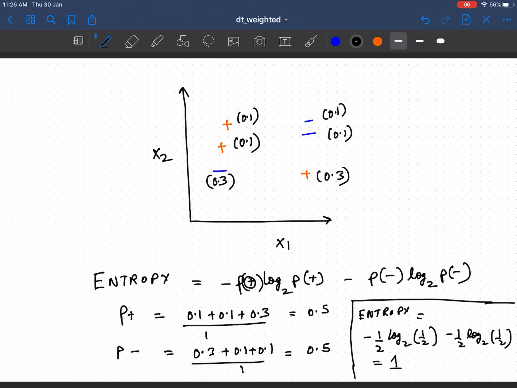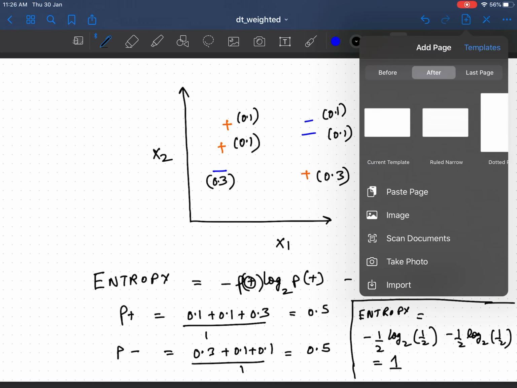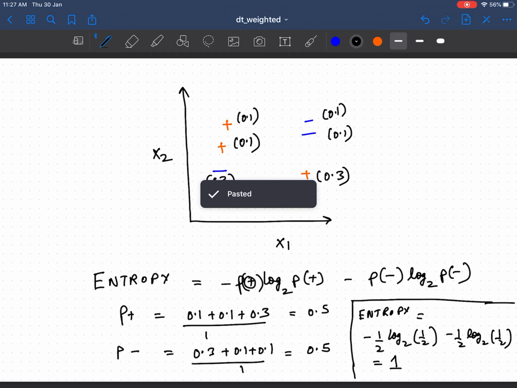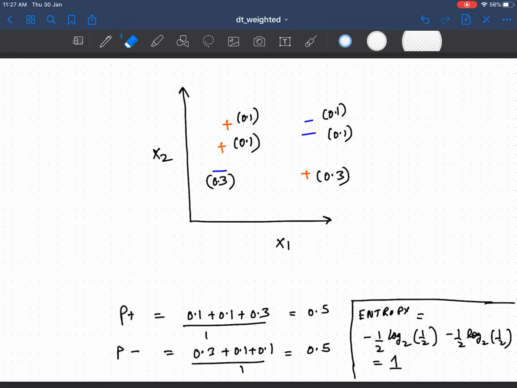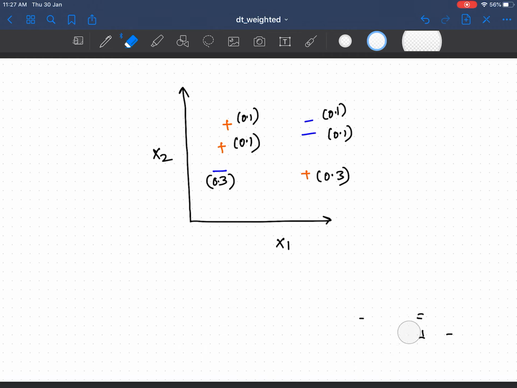Now let's try to see if we were to learn a decision stump on this particular set of samples with these weights. How would it look, and how would we do the information gain formula? So I'll create a copy of this data set and get rid of all this stuff which is not relevant in the current discussion.